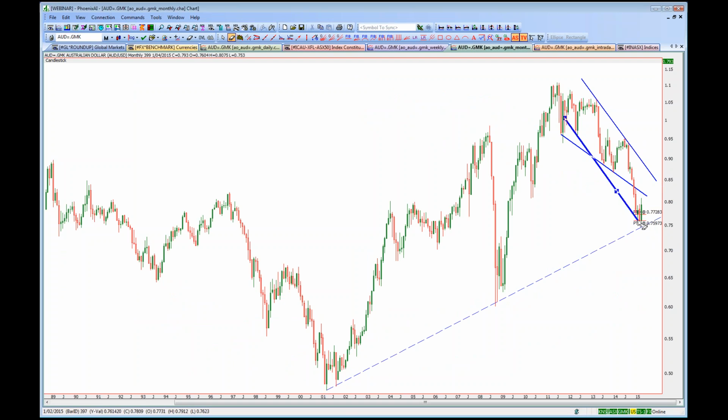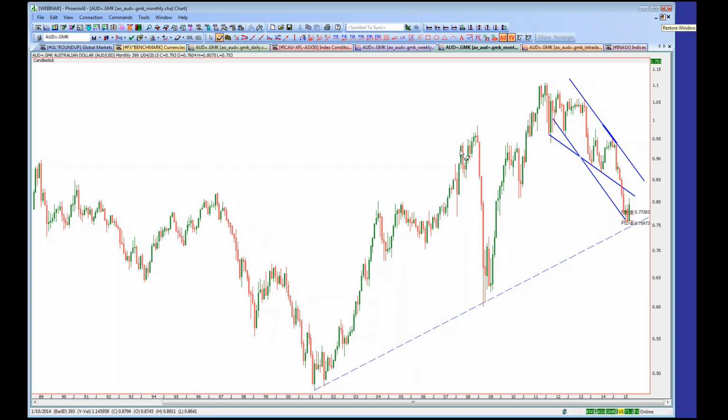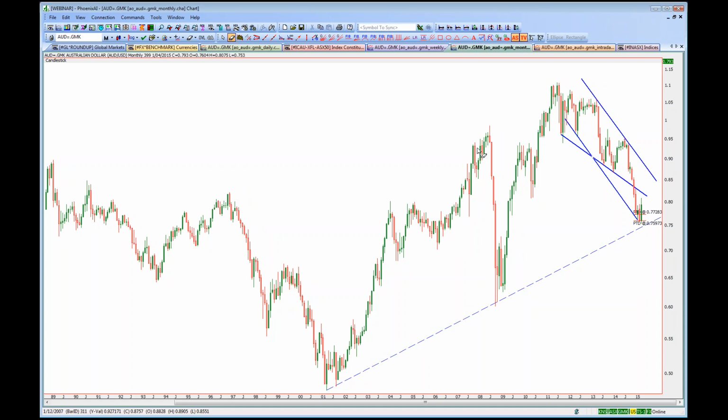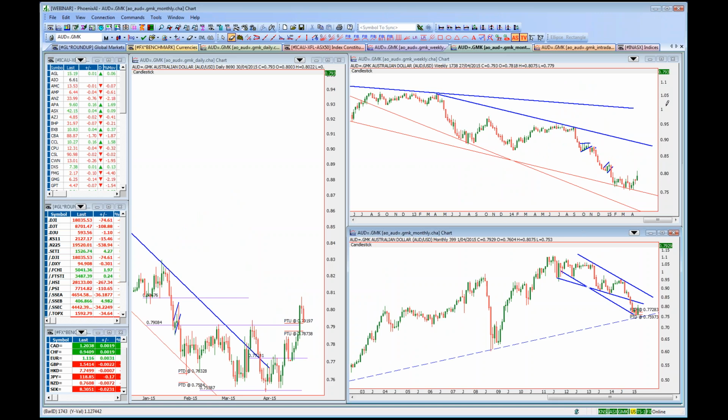So we expect major consolidation phase right now. Okay, it really doesn't give us any more than that. The target's been met, so my computer just switched there. We'll go to a weekly chart.